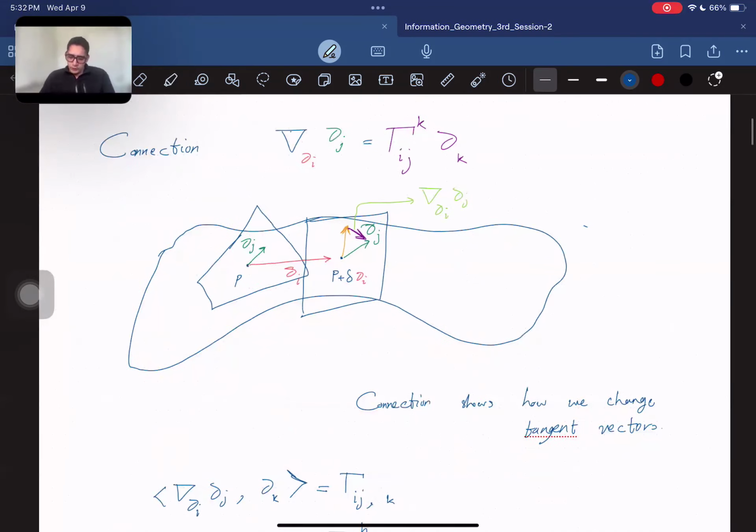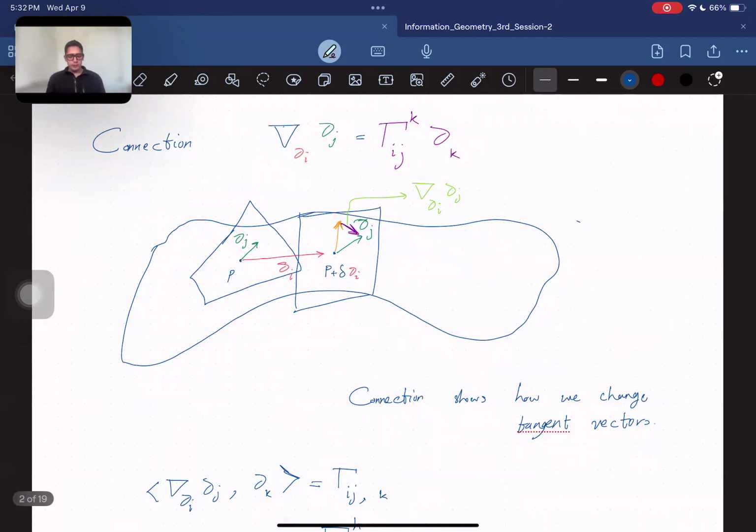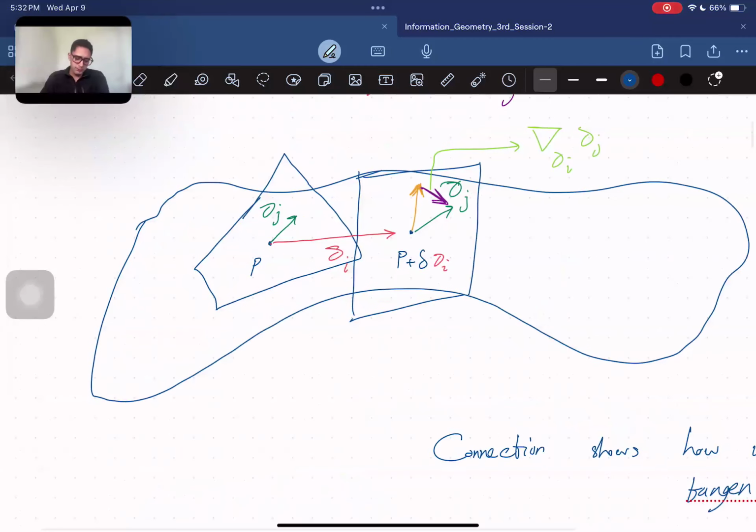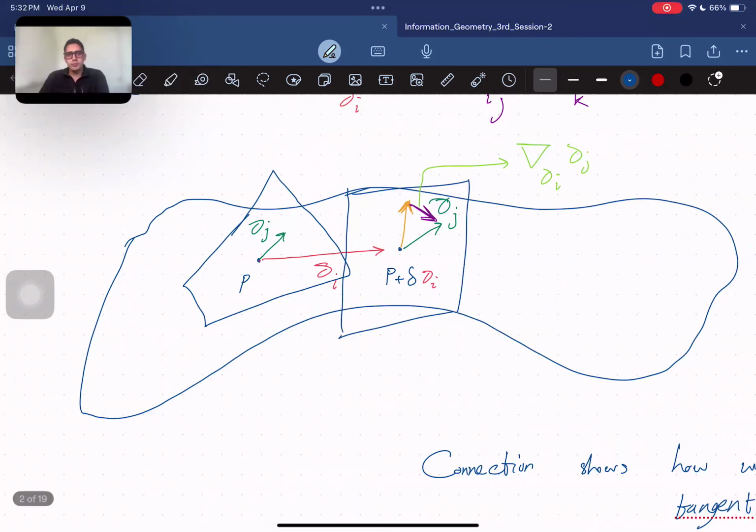So we start with a quick recap of the concept of connection. Consider we are at point P on the manifold, which is represented by theta as the parameter of your probability distribution. And then we are going to see what happens to the tangent bundle attached to point P when we move P by a very small distance toward partial i.